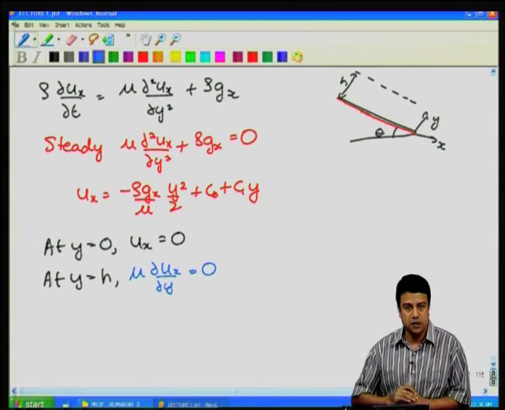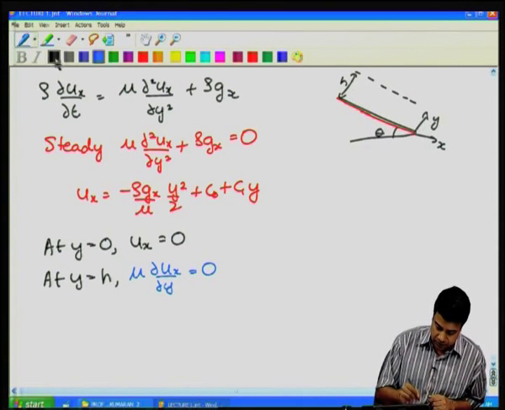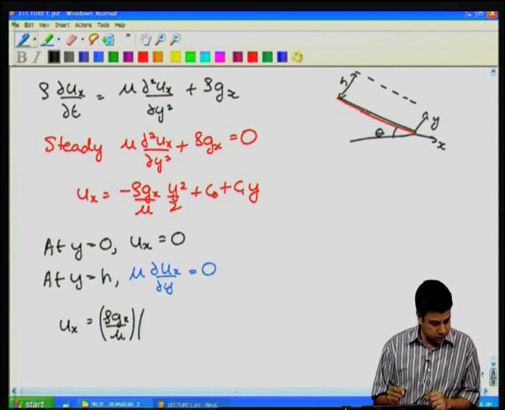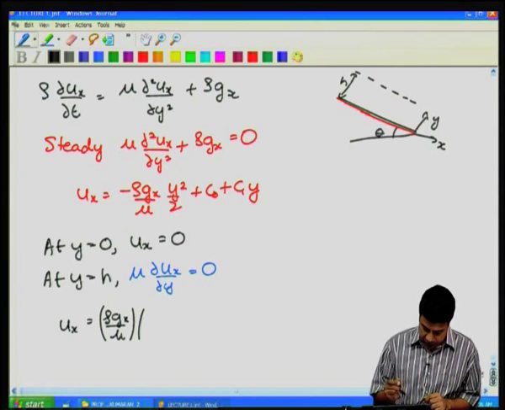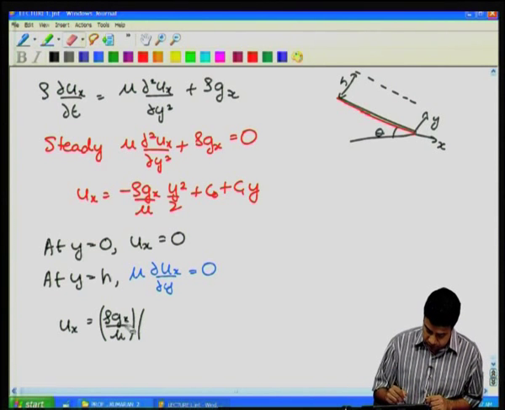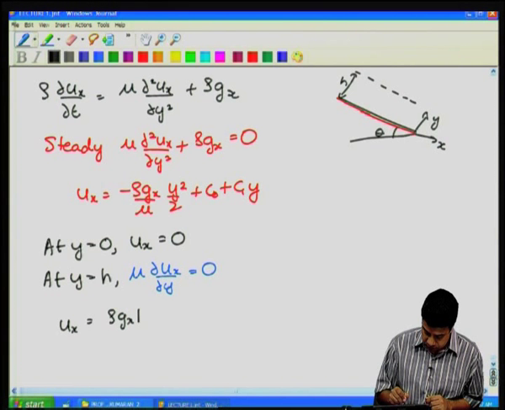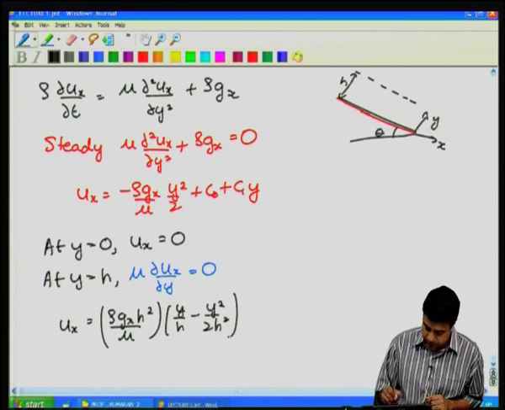So, using these two boundary conditions, one can determine the two constants in the equation, to get the velocity field u x is equal to rho g x h square by mu into y by h minus y square by 2 h square.